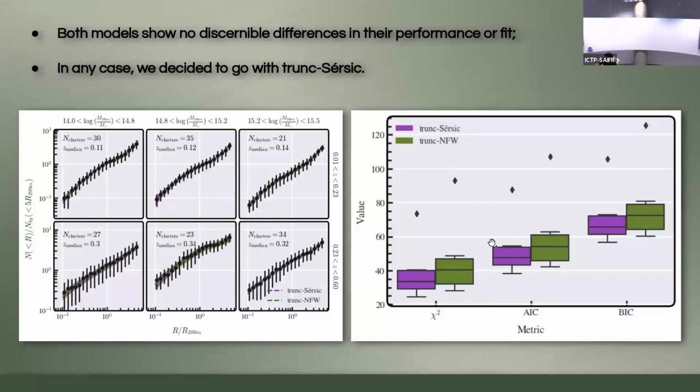Here I'm showing some metrics to see which model performs better: the chi-square, the AIC and the BIC. There's not a big difference between them. The SASC seems to outperform the other a little bit, but nothing that really matters. In any case, we'll use the SASC.